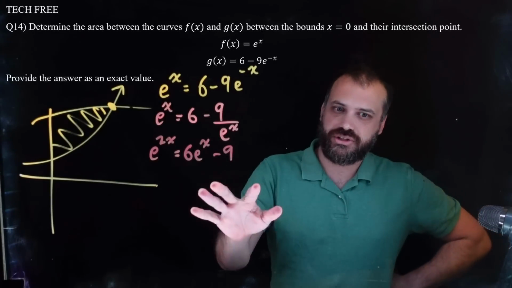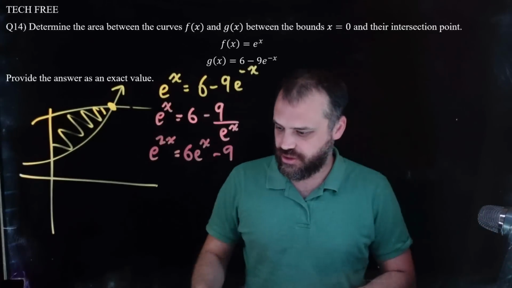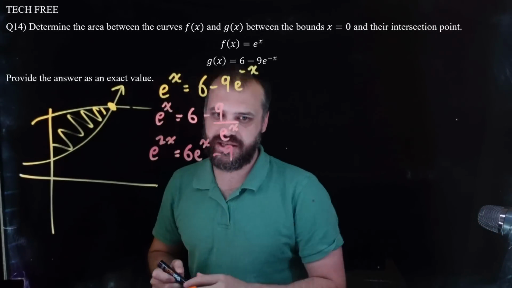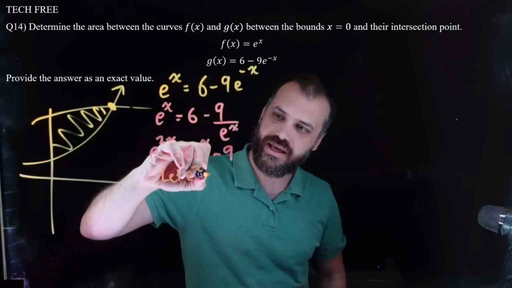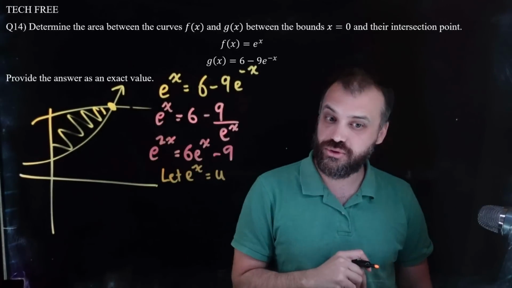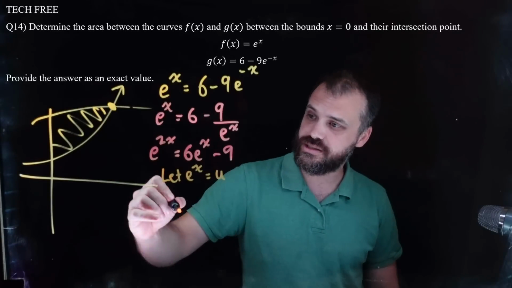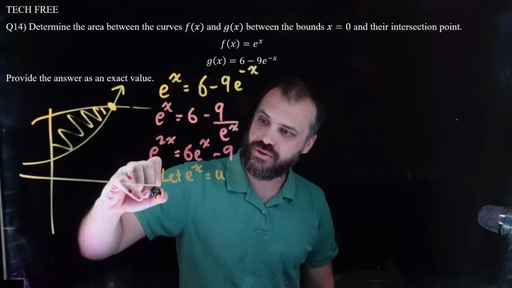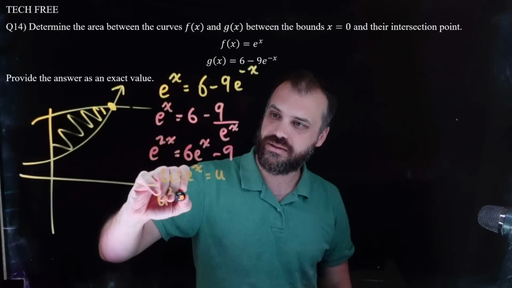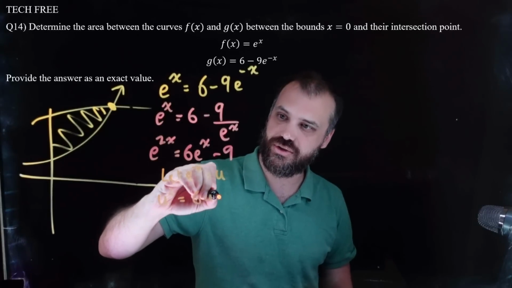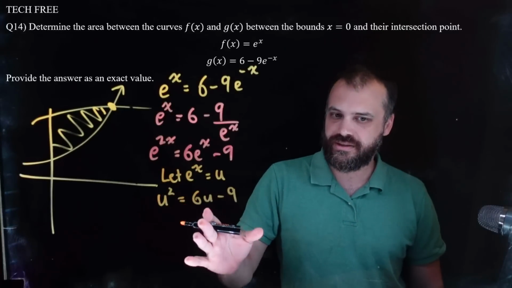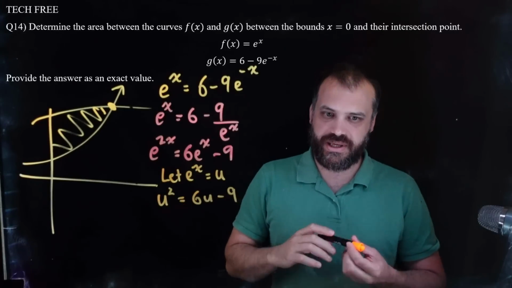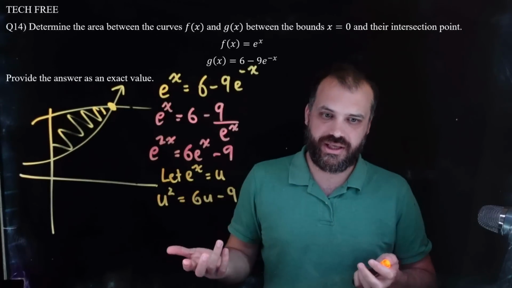But this is actually a quadratic in disguise. And I'll show you how you can see it's a quadratic in disguise. If we let e to the x equal u, then we can write this as u squared equals 6u minus 9. And given it's a quadratic, it's going to be easier if we set it all equal to 0.